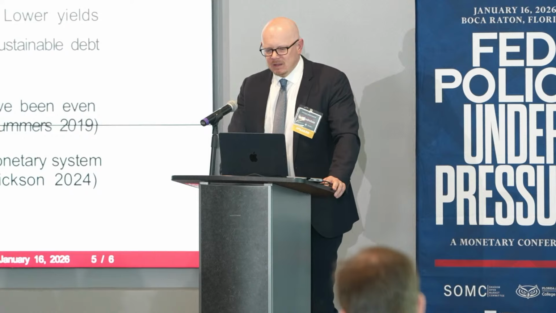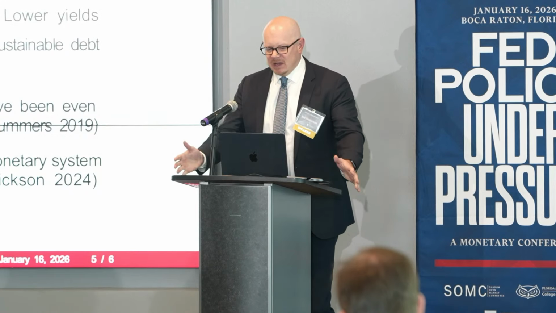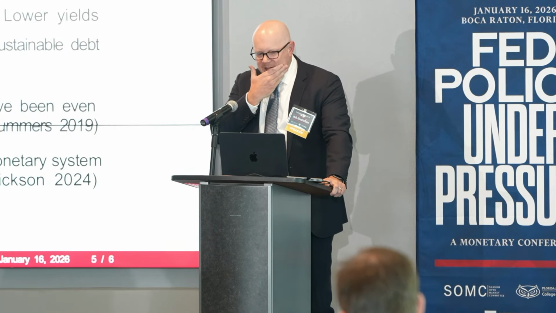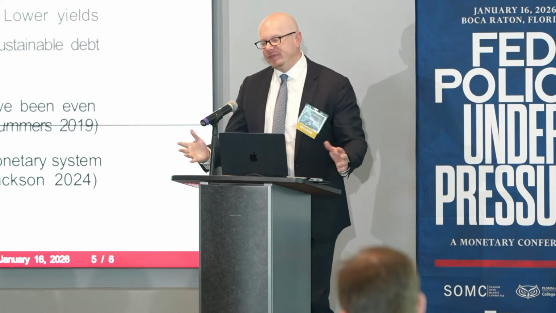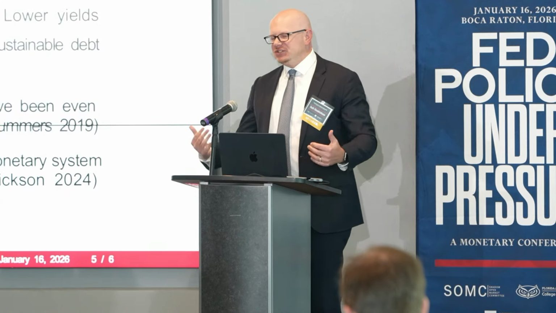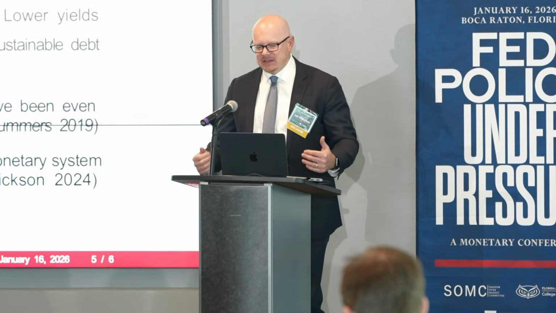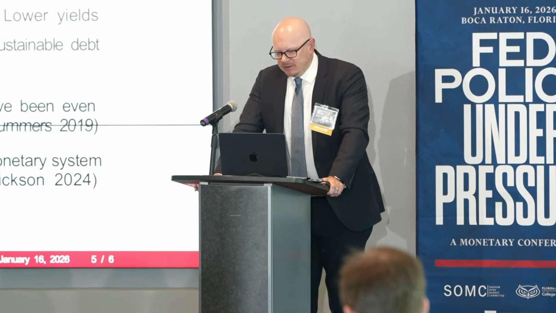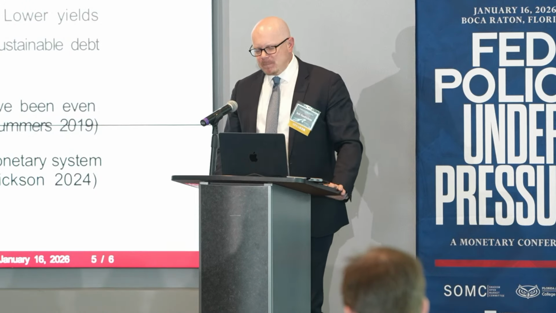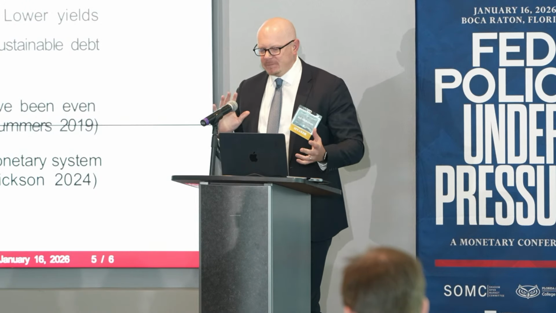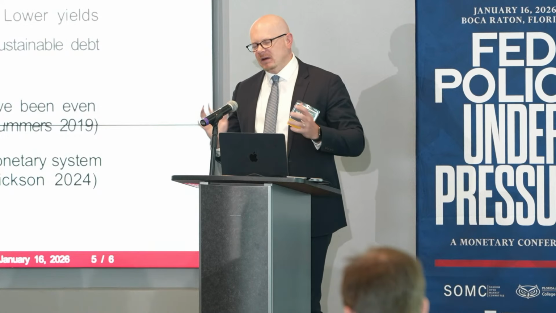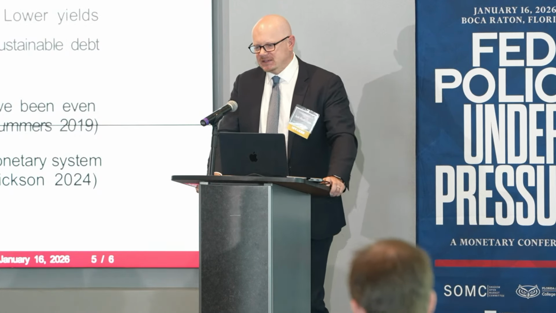So what can be done about this? Well, it's a difficult thing because even engaging in fiscal responsibility here creates some issues, right? And the reason I say that is that we've flip-flopped between these kinds of regimes since the financial crisis.